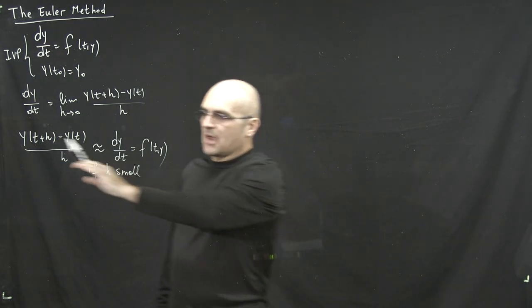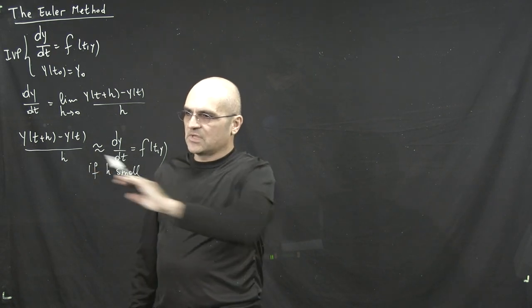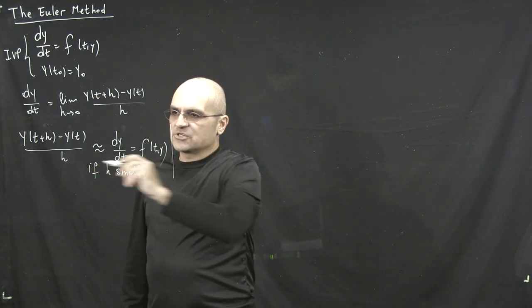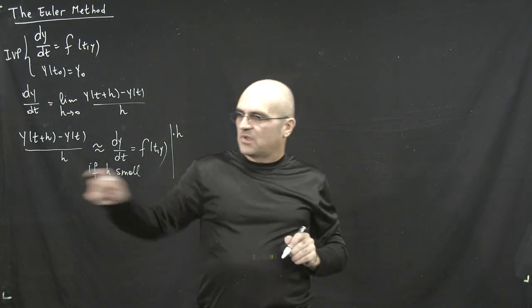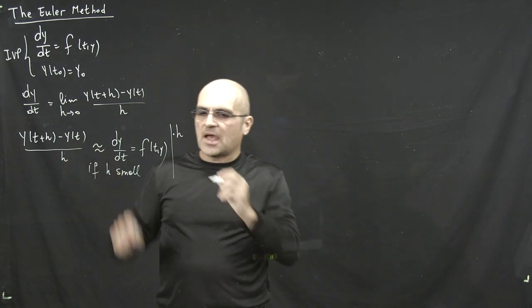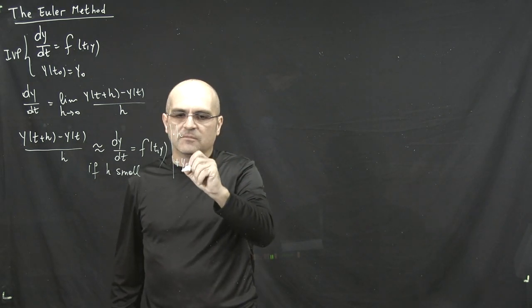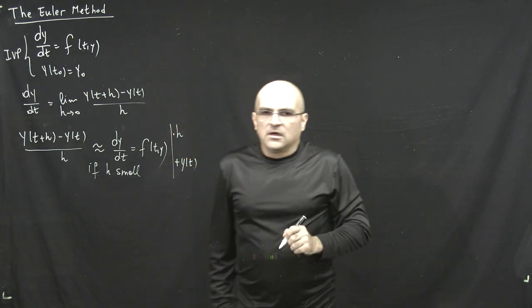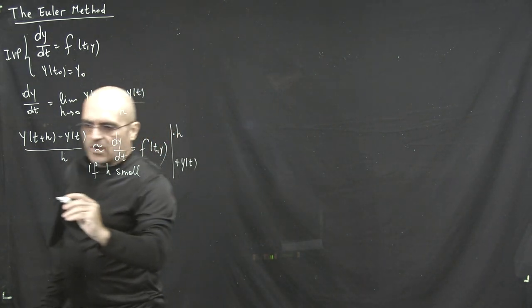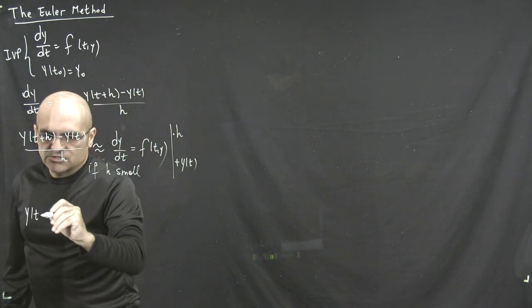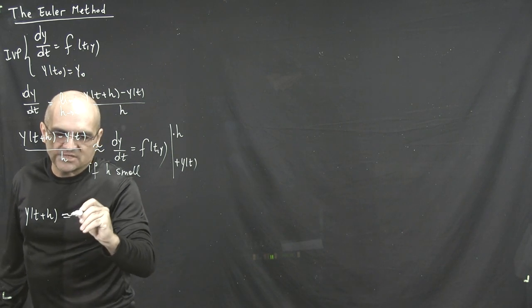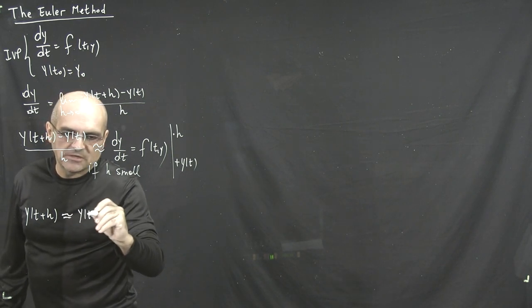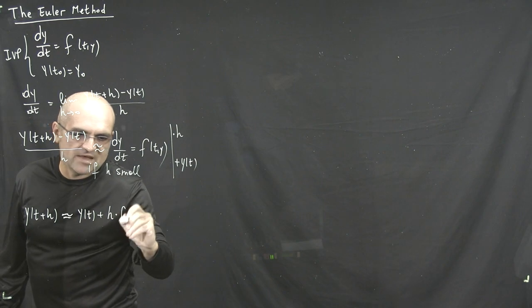So let's rewrite this equality without any fraction. Let's multiply by h both sides to move it from left to right, and then add y of t. If we do that, then this equality becomes y of t plus h equals, or approximately equal to be more precise, y of t plus h times f of t, y.